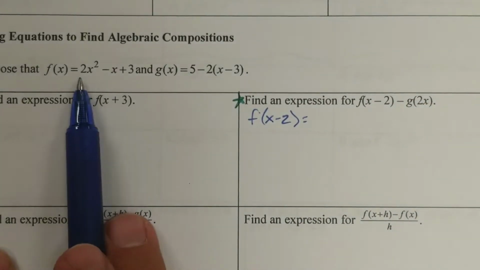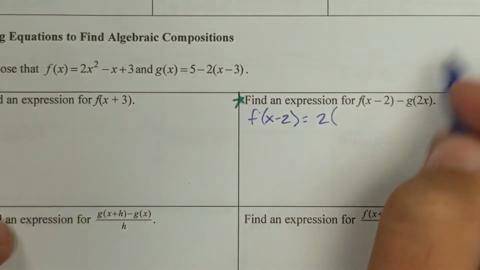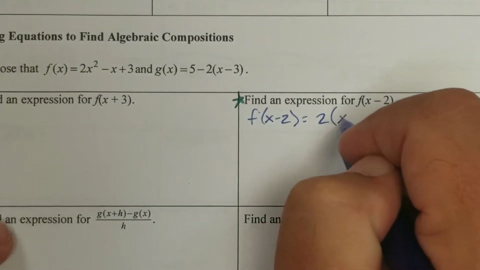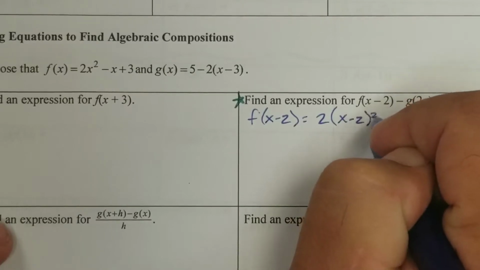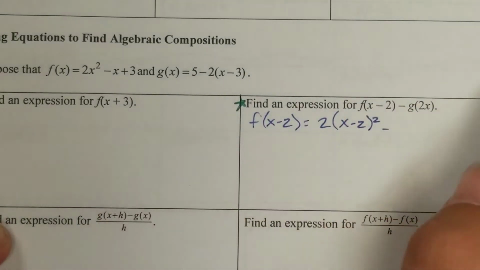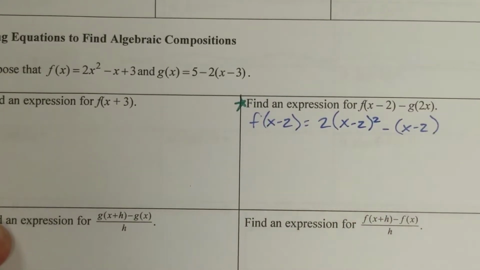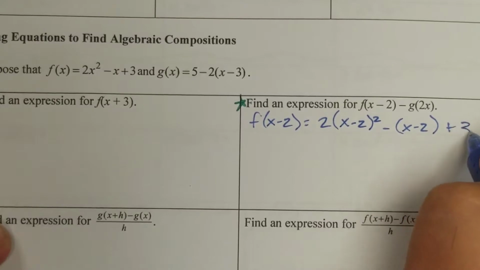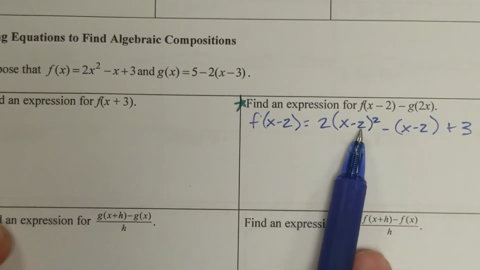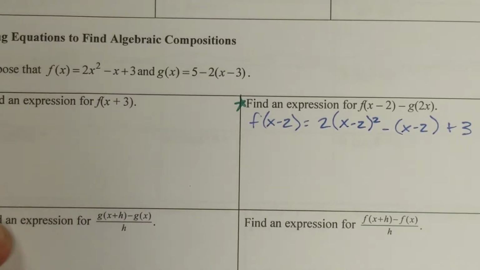Looking up here at the f function, we'll say 2, then I'm just going to plug in x minus 2, minus, and then plug in x minus 2 again, and then add 3. So there's my 2x squared minus x plus 3, my f function.